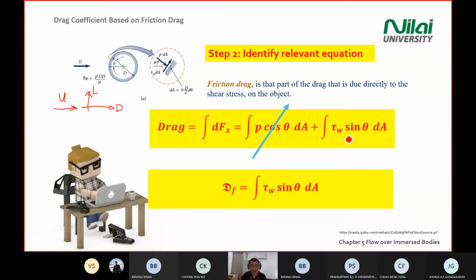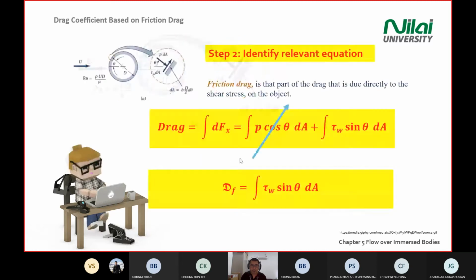We only have shear stress. So the friction drag is directly related to the shear stress. We are looking at friction drag now because the question asks you to find CDF, the friction drag coefficient. So we're looking at the shear stress here. Our equation reduces to this equation.